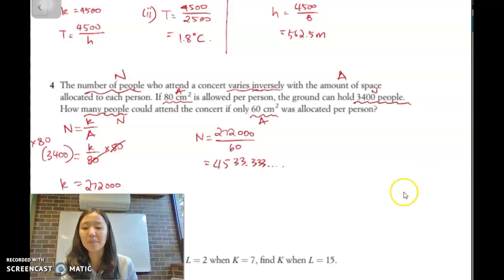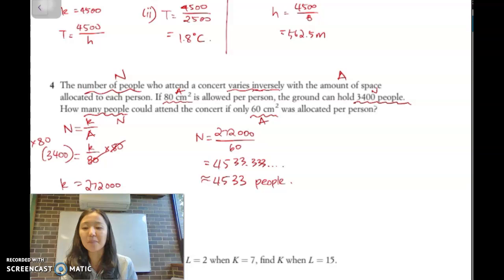Let's answer our question. Our question is asking us how many people could attend this concert. So we're finding the number of people. We can't have 0.3333 of a person, so we've got to round it down. My approximate answer would be 4,533 people.